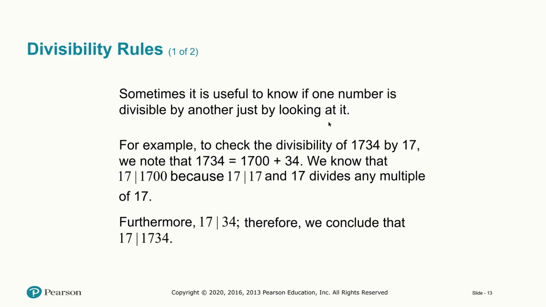All right, sometimes you can tell if a number is divisible by another number by just looking at it, right? Like you look at 1734, you know it's going to be divisible by 17 because you can break it up as 1700 plus 34, and you know 17 goes into 1700 for sure, and it also goes into 34.